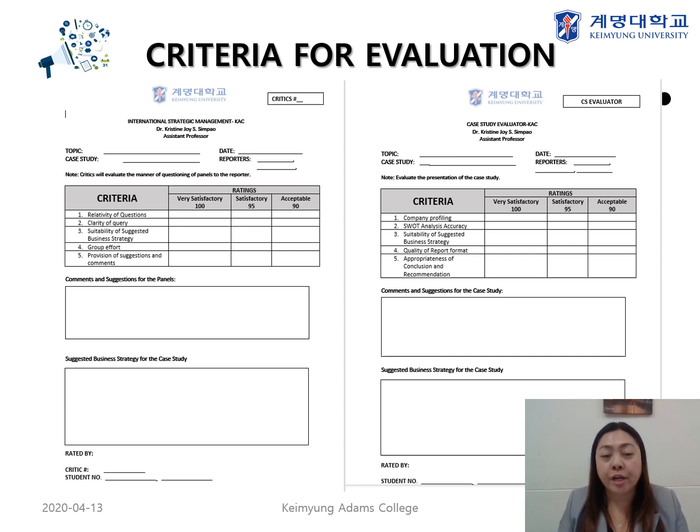Again, the panel has the only right to ask questions to the presenter. Critics, you are just going to evaluate the panel's manner of questioning. And for the case study evaluator, you are just going to concentrate on whether the PESTEL analysis is correct and whether the SWOT analysis is correct.